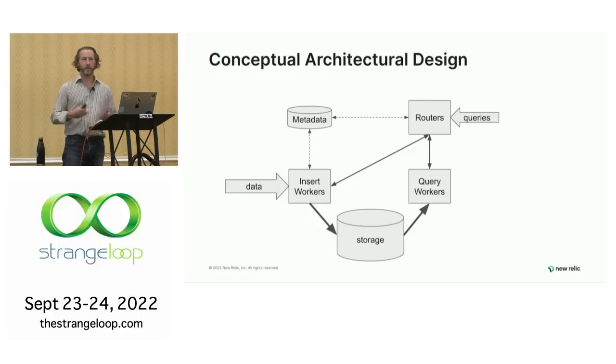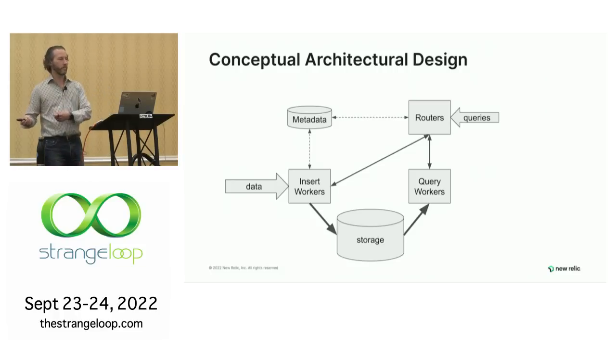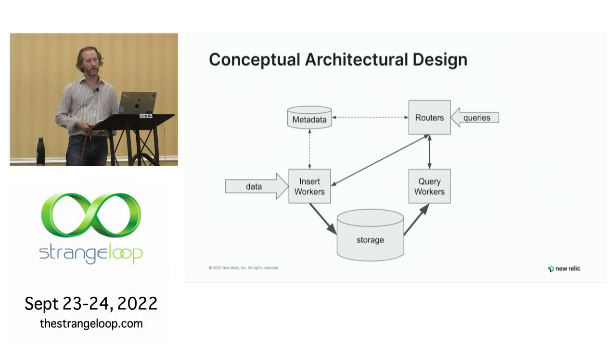Queries come in, they go into a query routing system, which farms out parts of the work to a very large tier of query workers that all do part of the computation, and then it all gets merged together. The live edge of data, which is residing on the insert workers, it's being written currently, also gets queried by the routers as well.